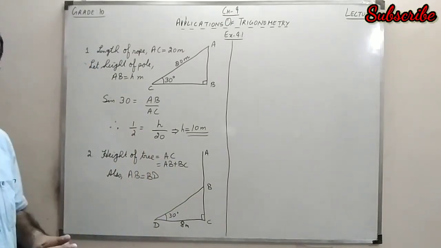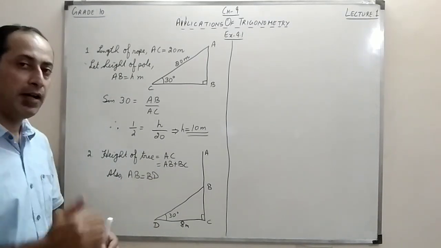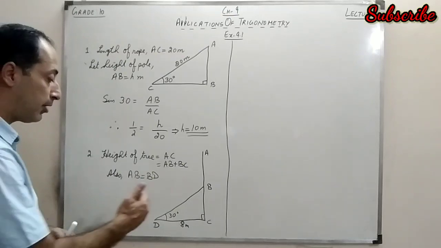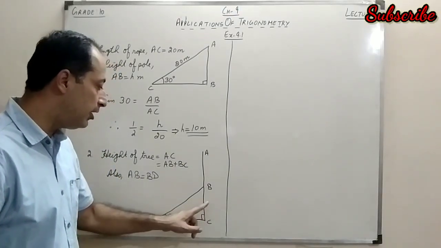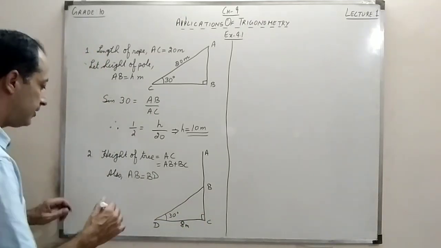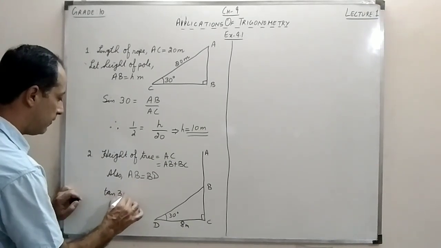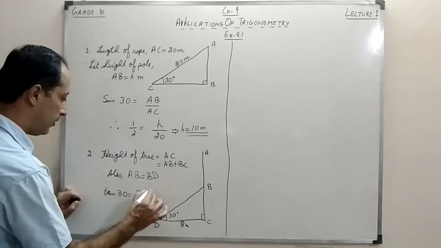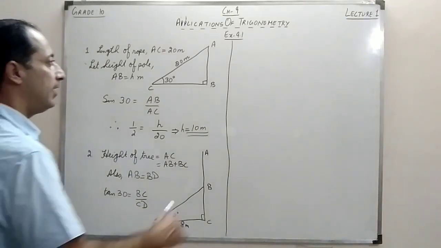Now, one of the sides is given to us, so I have to make a relation between the thing which I have to find and the thing which is given to me with respect to this angle. So if I see, this side is basically opposite and this is adjacent. So which ratio can I use here? I can use tan 30. So tan 30 is equal to BC upon CD. Now what is the value of tan 30?